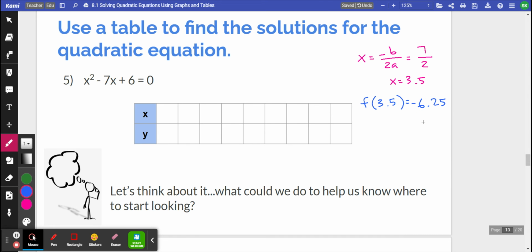And if you remember, when we were graphing, we really tried hard to visualize the parabola from what we know. So we know that the vertex is at 3.5 comma negative 6.25, which is probably something right there. We also know that this function is a positive function because the a value is positive 1. So we know the parabola will be going up.